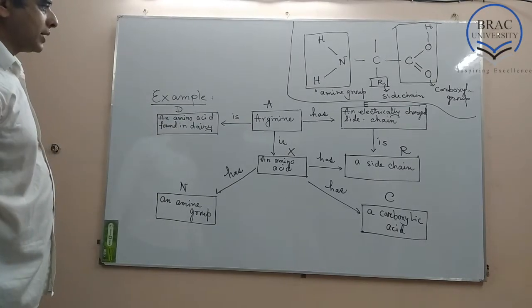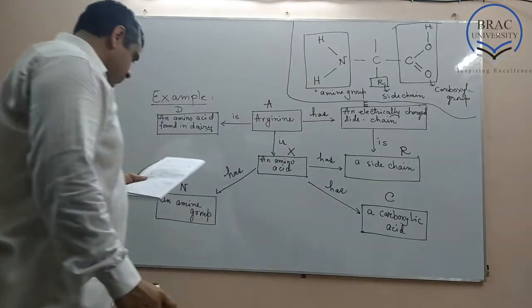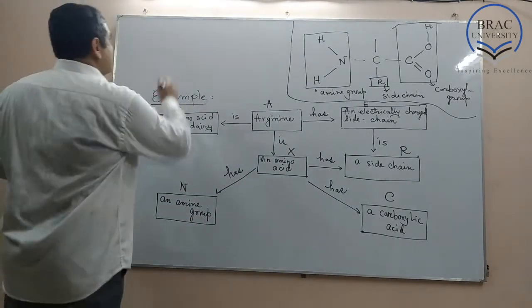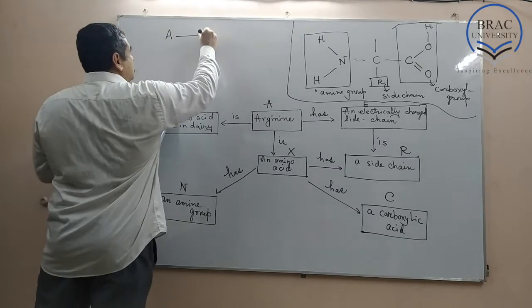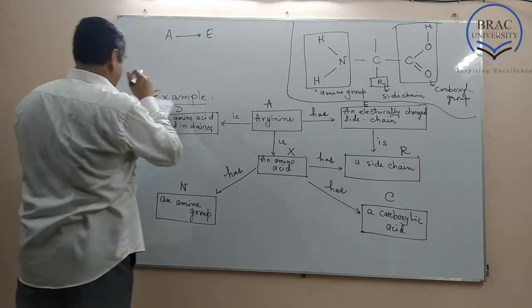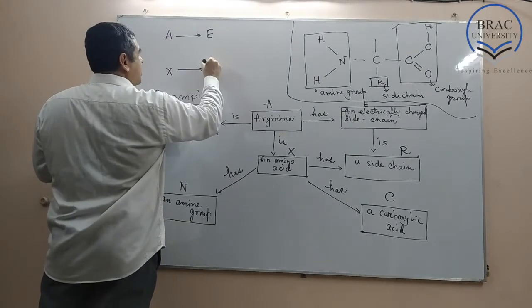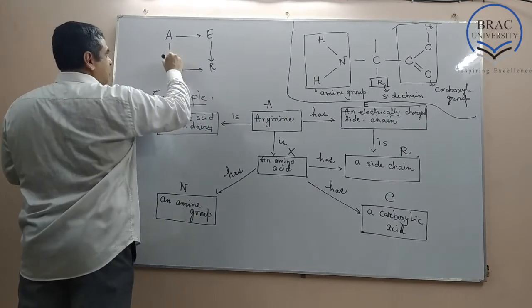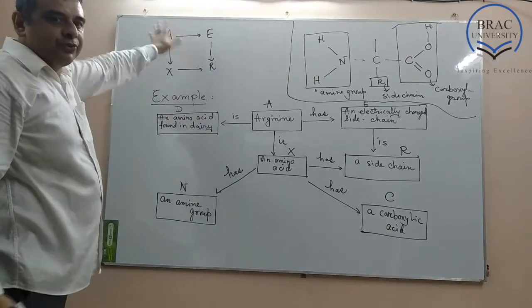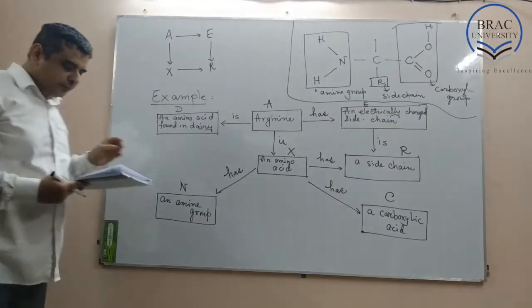Okay. Alright. Now we are considering the sub-diagram of this big diagram here, which is this A, E, X, R. So this is just a part of this big diagram, which we call a sub-diagram.